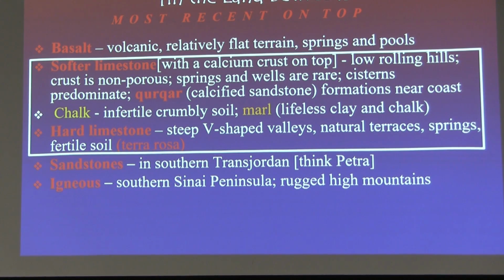And then, again, this is primarily the natural components as they've stacked up over time, with basalt bursting through them from time to time, only at the northeast part of the country. So we're not going to see basalt over everything, but in the northeast part of the country, where we've had volcanic cones, as you think Golan Heights right now, there are volcanic cones up there. They have spewed lava, and therefore you've got relatively flat terrain, because when lava runs down, it creates a flat terrain.